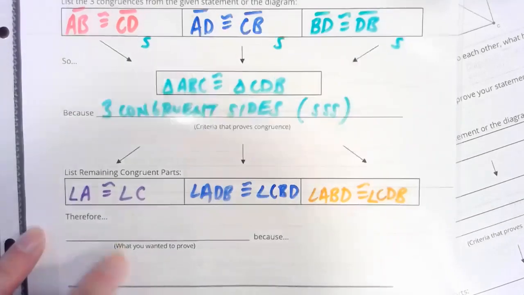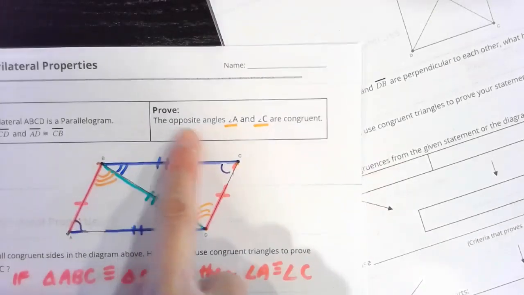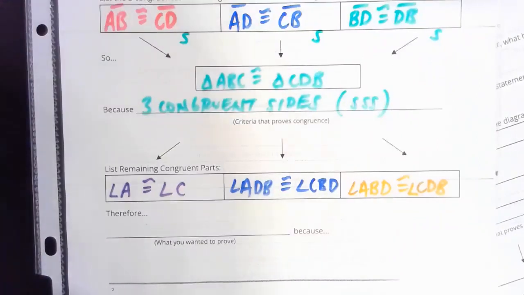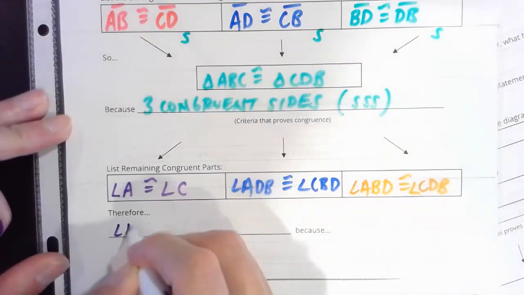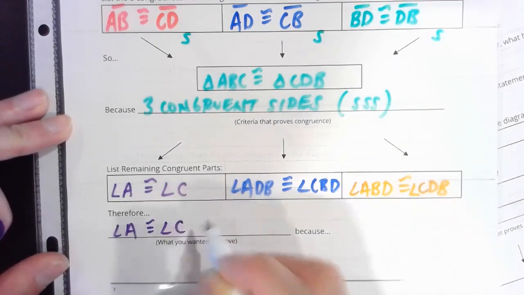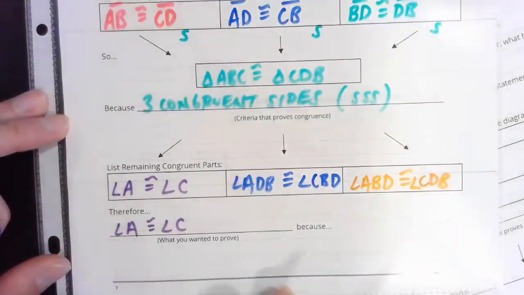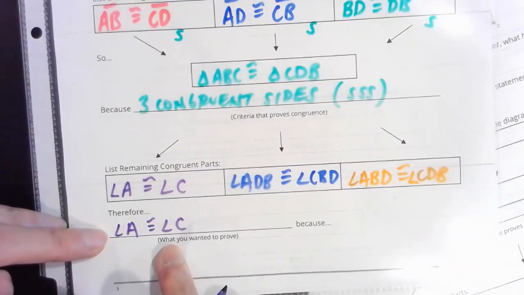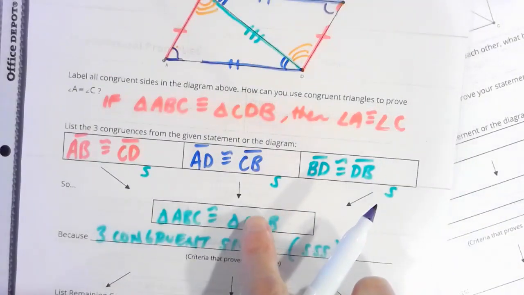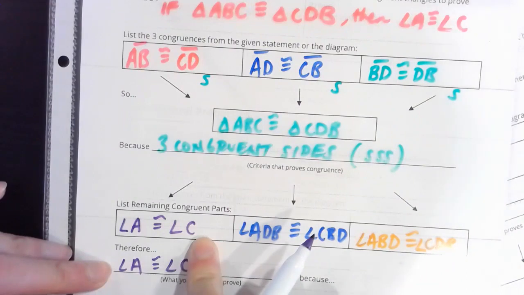Therefore, concluding statement, what was it that I wanted to prove? I wanted to prove that the opposite angles A and C are congruent. So to put that into my conclusion, therefore, angle A is congruent to angle C. That's what I was trying to prove. And the reason why I know that that's true is because I proved the triangles are congruent, and then therefore the remaining parts are congruent.